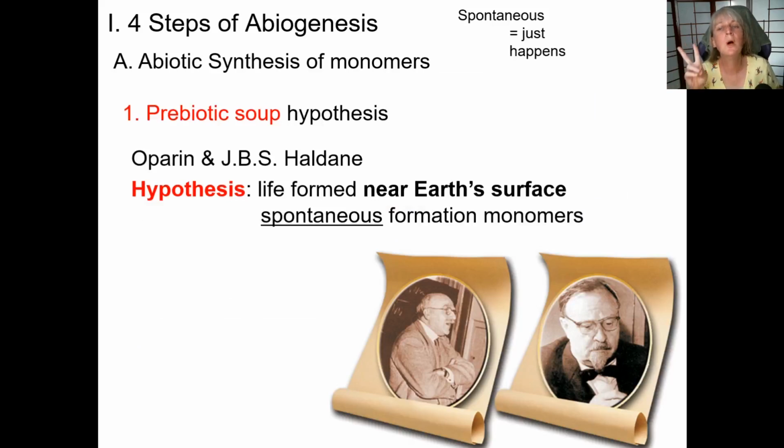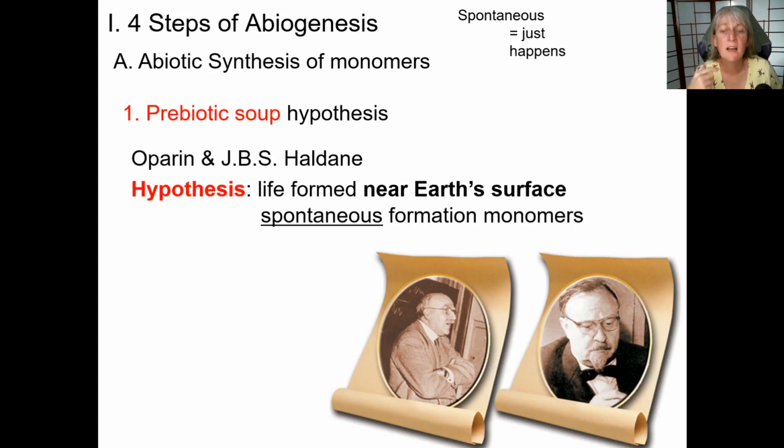We have 2 separate hypotheses that I'm going to show you. These are not the only 2 hypotheses, but there are 2 hypotheses suggesting how this could have happened. Like, how do you go from just atoms to monomers, something like an amino acid? The oldest version, the first hypothesis that was really solid and grounded in how we understood the formation of the Earth to work, is called the prebiotic soup hypothesis.